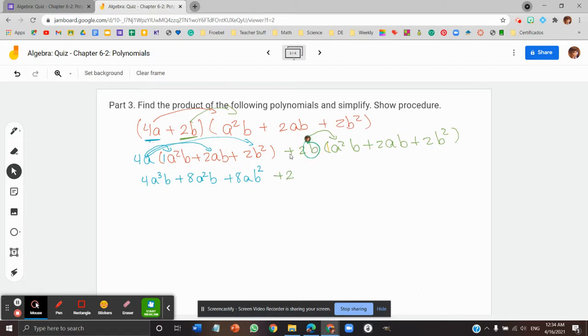B, well, I don't have an a here, so I'm just going to pass the a. Why? Because I like it in order. B times b is b to the second power. And I do the exact same thing with the next term. 2 times 2 is 4.